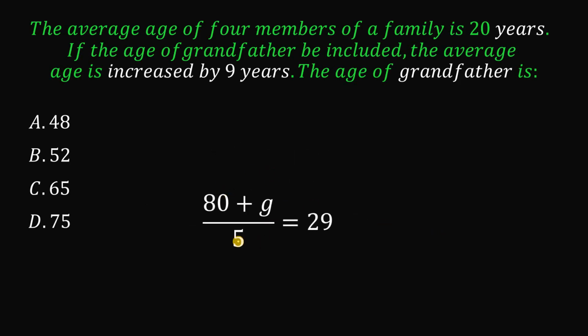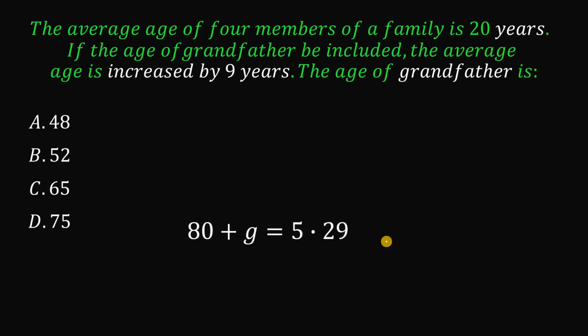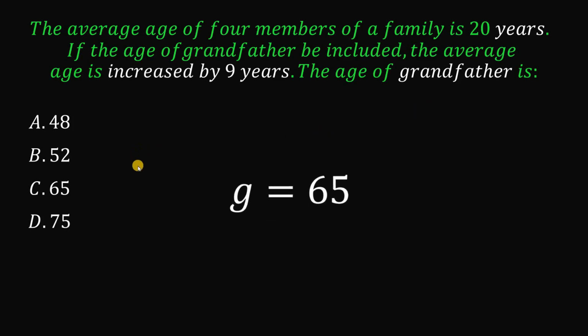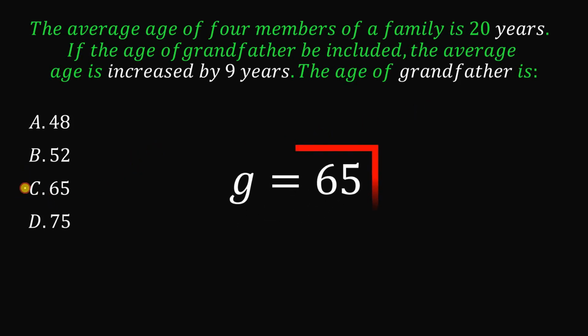And we can also solve for the value of g. Multiply 5 on both sides. 5 times 29 will give us 145. Subtract 80 on both sides. 145 minus 80 will give us 65. And this is the age of the grandfather. And this is our answer to this question, letter C.